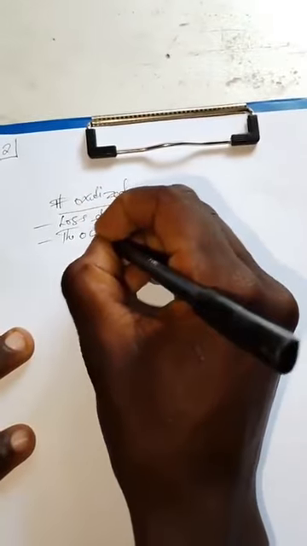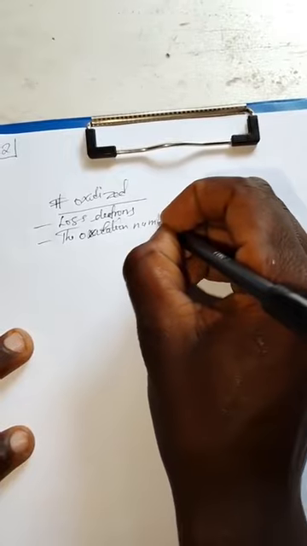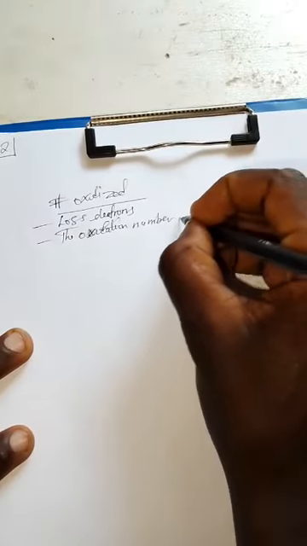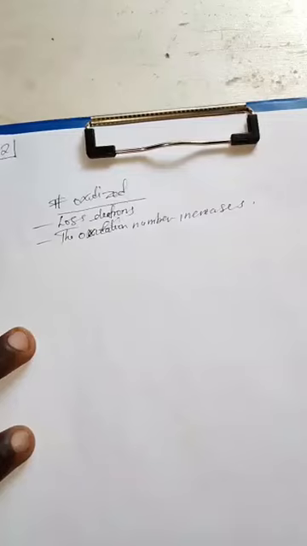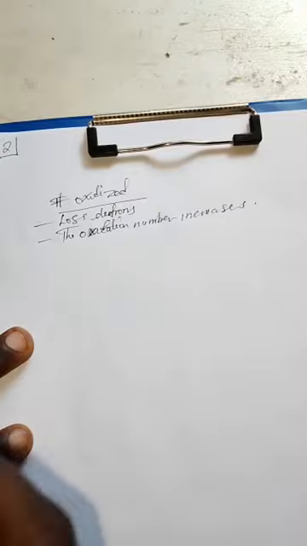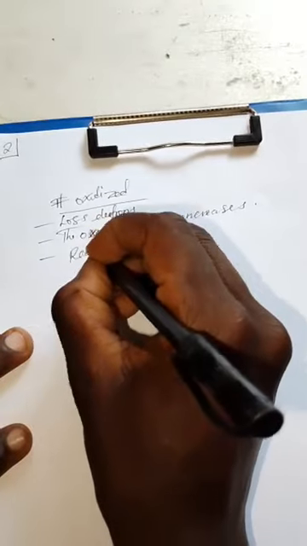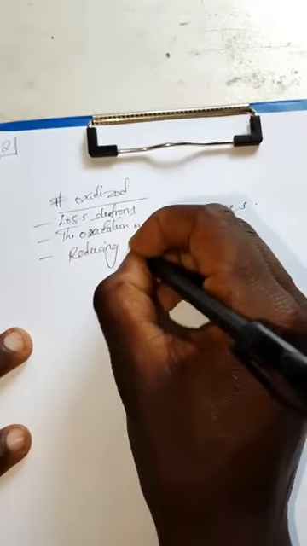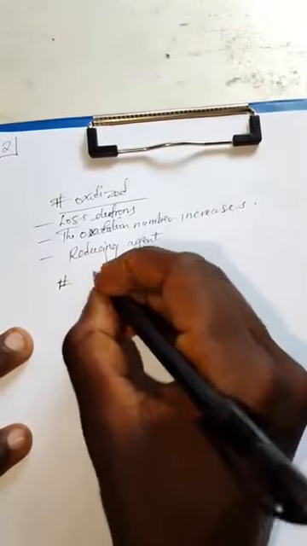When the oxidation number increases, that means the thing you're dealing with is a reducing agent.